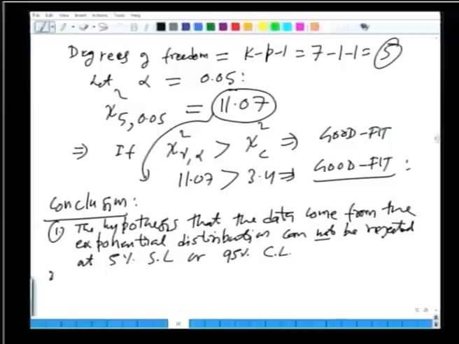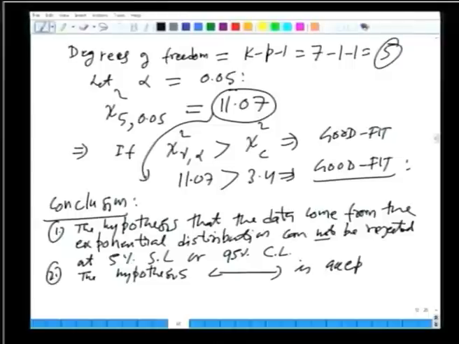Another way of saying the same thing: the hypothesis, the same thing, I am not going to write it again, is accepted. What is the hypothesis? That the data come from the exponential distribution, or the data follow the exponential distribution. It is accepted at 5% significance level or 95% confidence level.